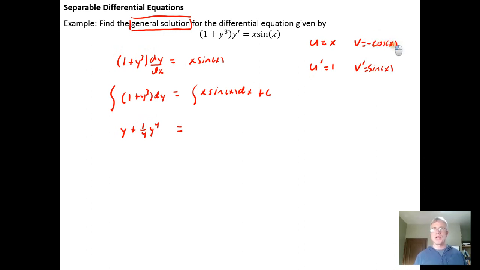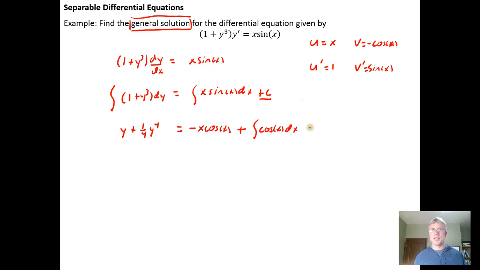And so then integration by parts says take the u times the v term, so that's x times minus cosine x, so we get minus x cos x, and then it's going to be minus the antiderivative of the u prime times the v term, so 1 times minus cosine, so that minus will come out and make that a plus, and we'll get the antiderivative of the cosine of x dx.